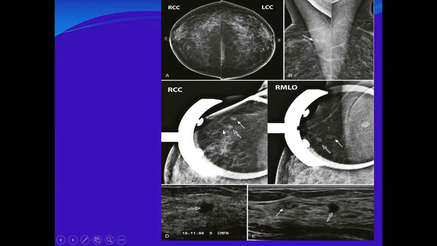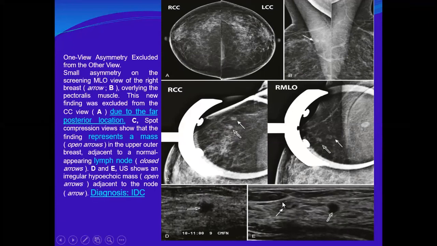And again, this is a CC view going more lateral, doing the CC spot compression, and it was there. The ultrasound demonstrates a suspicious mass, as well as an adjacent normal lymph node, and it was invasive ductal carcinoma, small invasive ductal carcinoma.